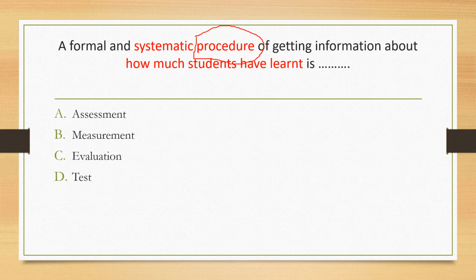To get information about how much students have learned. So if the first word doesn't actually give you the clue, the second phrase will give you the clue. How much students have learned, and we learned that one is what? Test. So we go for test.